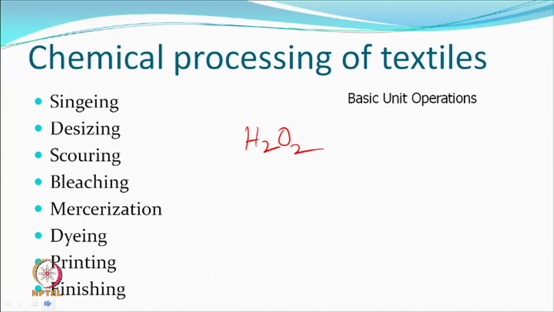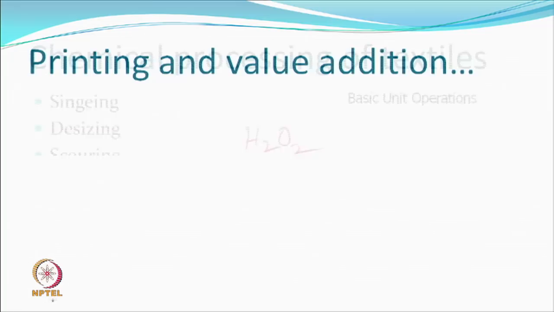And finally, finishing, which also is a general term, with different fibers, different finishes, and itself is a big area in which various types of functional properties can be imparted onto the textiles. So, let us say we are going to be concentrating on printing. At the moment we are looking at conventional printing.